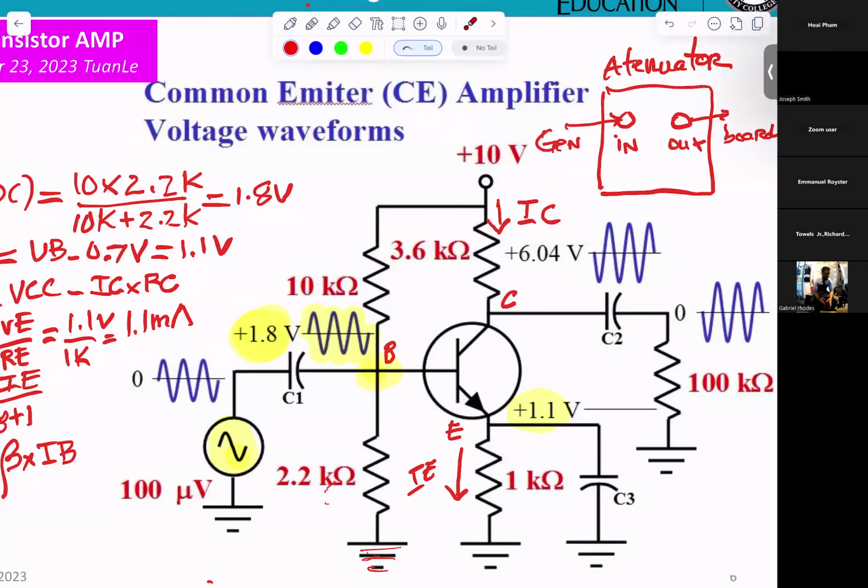That is everything regarding common emitter. The thing is, you understand one, common emitter, is it following CC amplifier or CB amplifier.